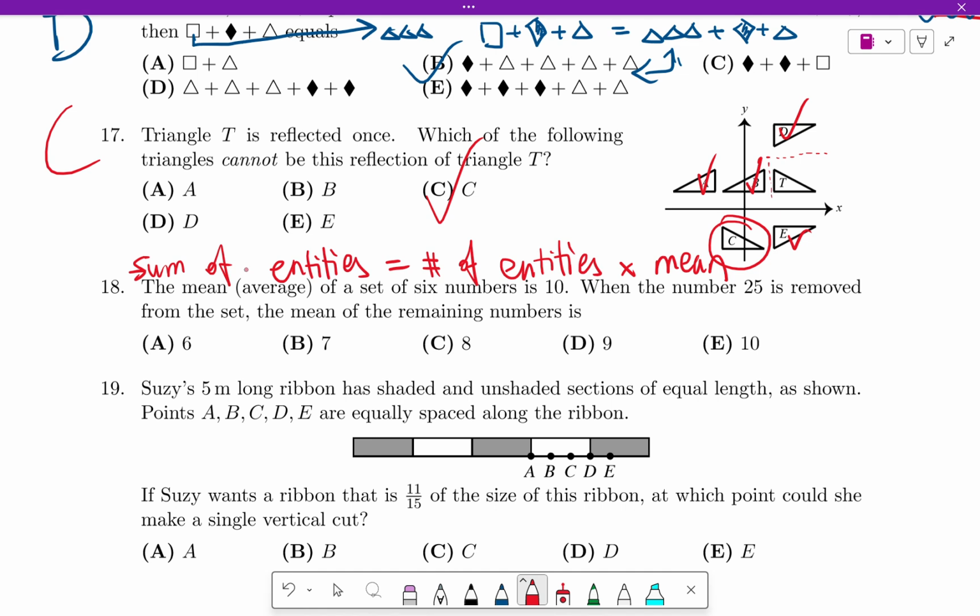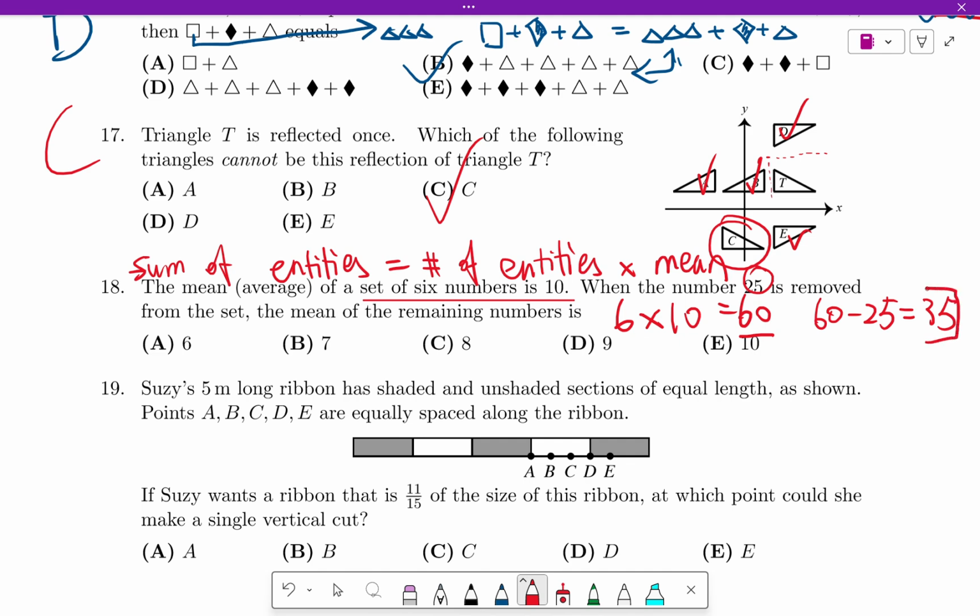So we can see that if the mean of a set of 6 numbers is 10, the sum of all numbers is the number of entities, which is 6, times the average, 10. So the sum of everything would be 60. And when the number 25 is removed, the sum of the rest of the numbers will be 60 minus 25, which is 35.